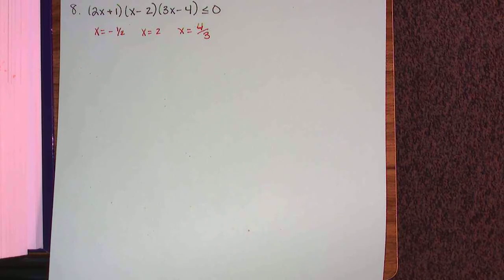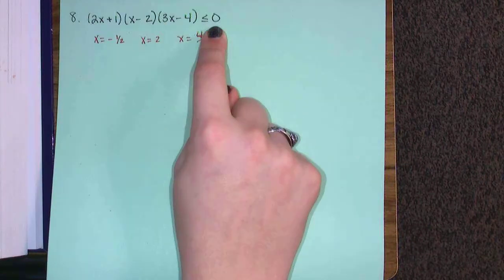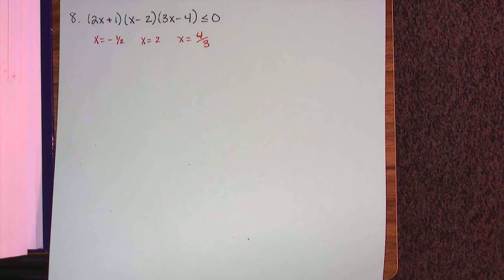Alright, so something to notice with these ones that are inequalities. With the equal signs, we were looking for just positive or negative, and then we were just writing down, okay, here's the zeros, here's the positive, here's the negatives. But in this case, we want to know what values of x make it less than or equal to 0. So what values am I looking for? When I make my sign chart, what category am I looking for?